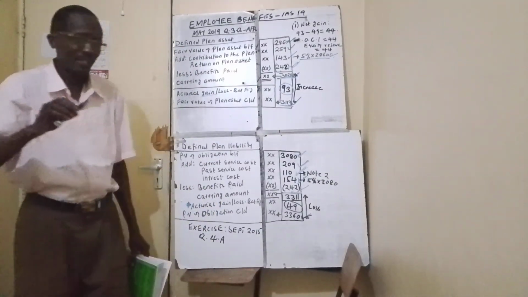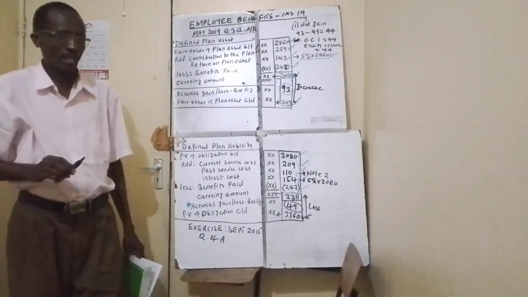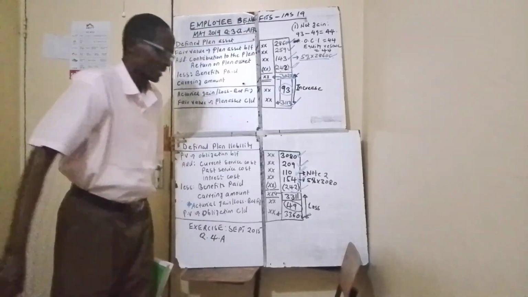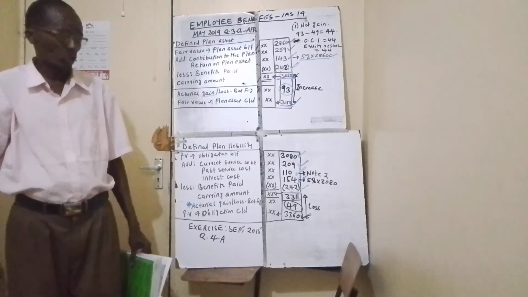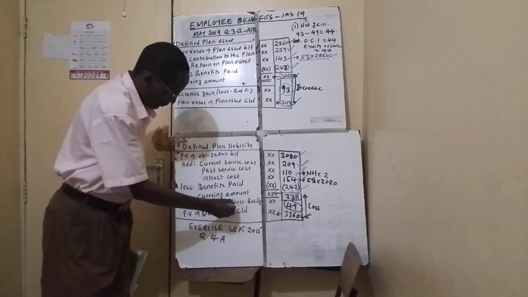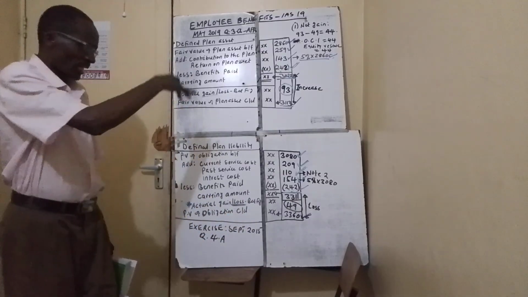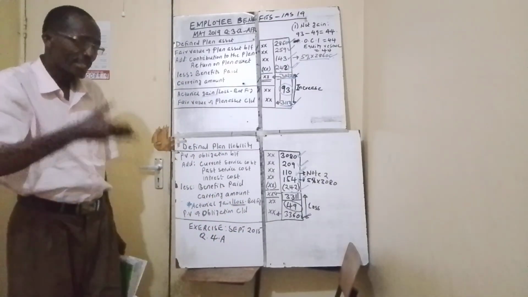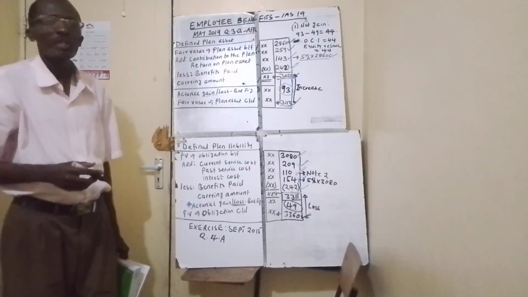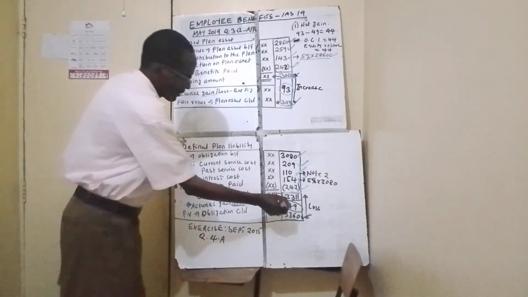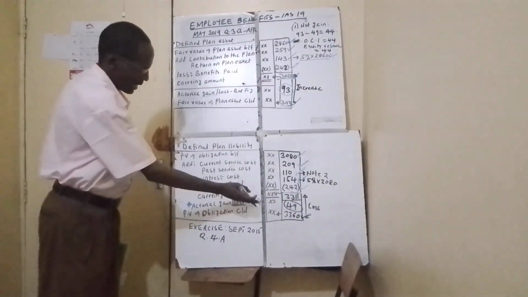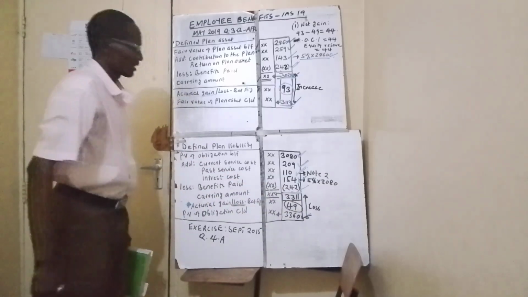So when a liability increases, then that is a loss. So the 49 is an actual loss. But if a liability decreases, then that will be an actual gain. So in our case here, 49 becomes an actual loss. So that's the balancing figure there.